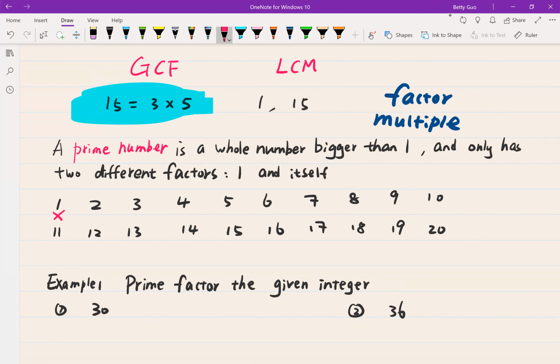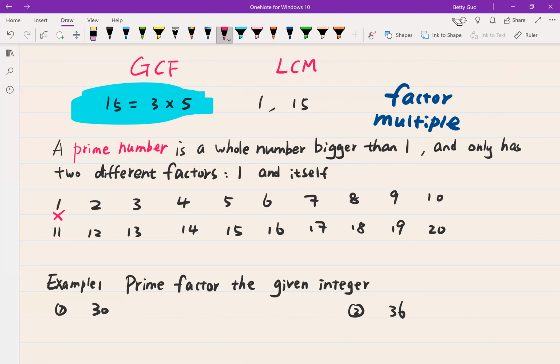How come 1 is not a prime number? Because 1 only has one factor, itself. By the definition, a prime number needs to have two different factors, 1 and itself. For number 1, 1 and itself are the same, so 1 is not a prime number.